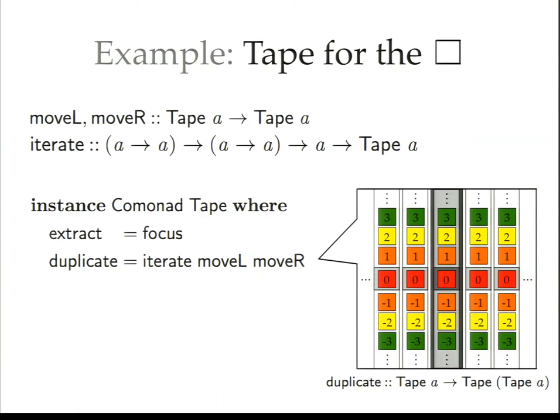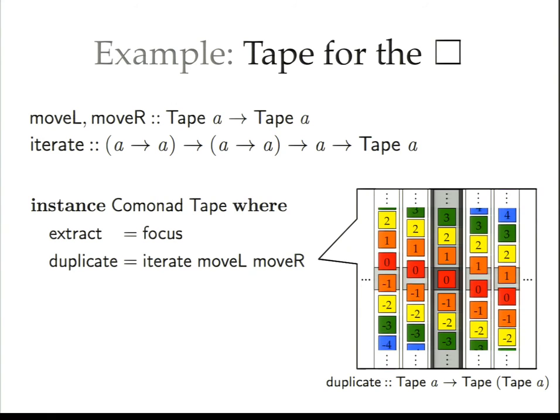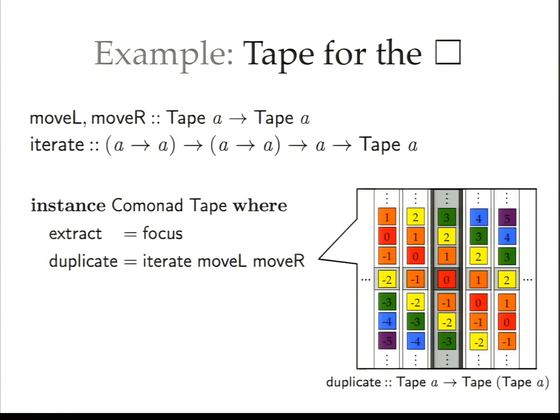So we just do that. But that's not quite right, because this fails to satisfy a bunch of the comonad laws. So what we actually do is we diagonalize the tape. And as you can see, what this means is that the original tape that we duplicated shows up along the horizontal, so that effectively the movement functions will commute over duplication.